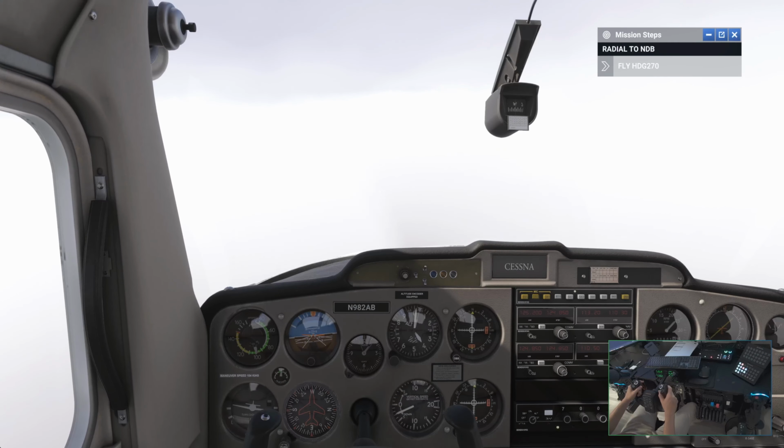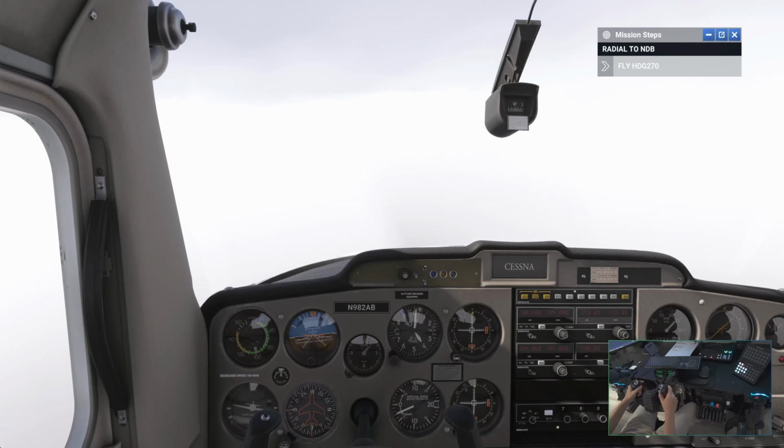Turn right onto heading 180. We are now tracking the NDB radial 180 outbound and can pull the tail as needed to maintain this radial.